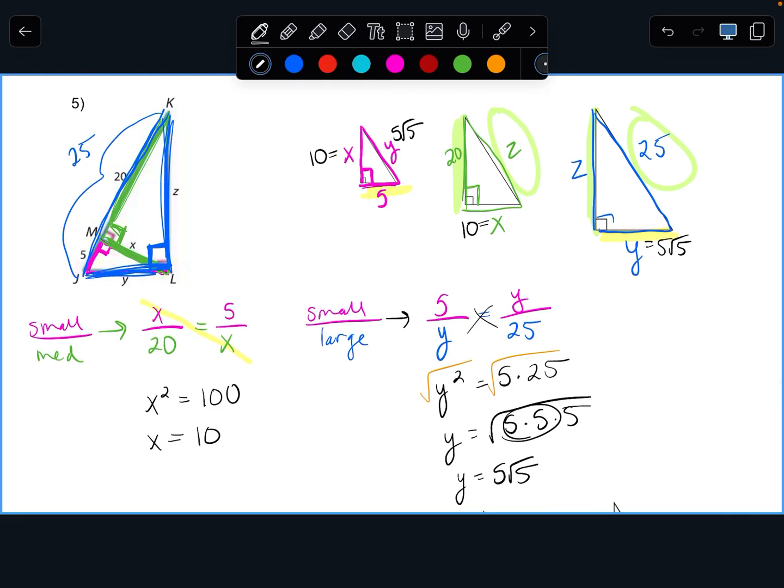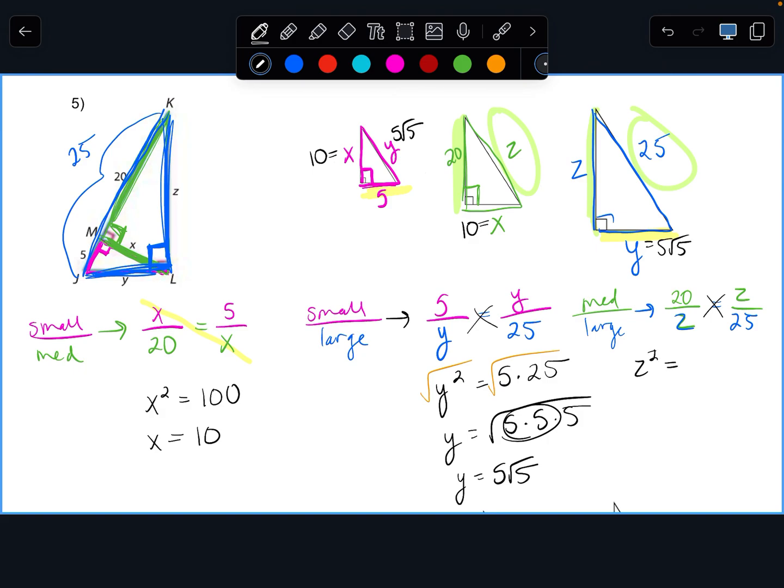So I'm going to do medium over large. So I'm going to go 20 over z, so long leg over hypotenuse, over hypotenuse, and then cross. So it's like hardcore similar triangles, basically.